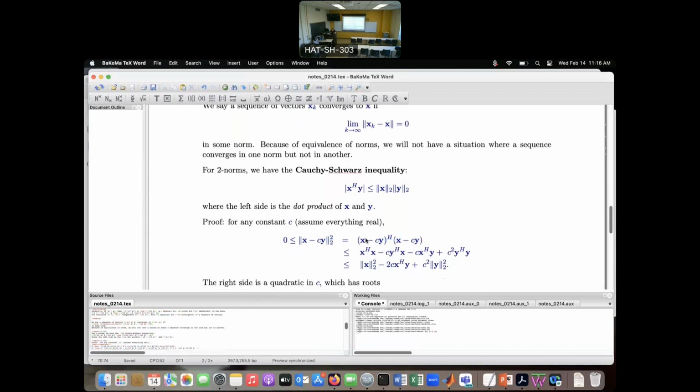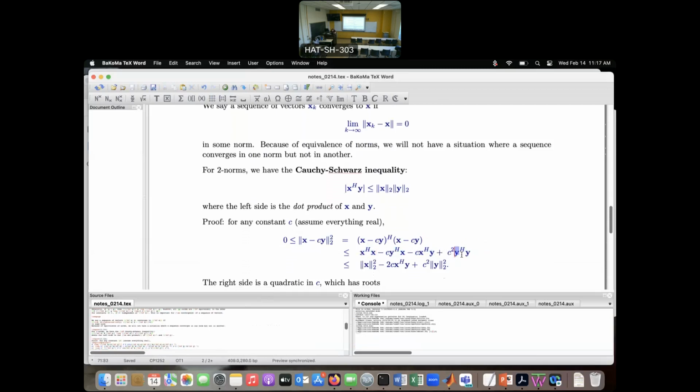Then I expand it out, and using the properties of the dot product, I get this. So basically, I'm FOILing this. Now here I have the dot product of the vector with itself, which is the 2 norm squared.